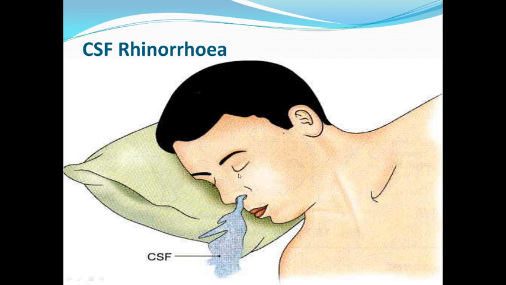If, due to injury or trauma, the cribriform plate is fractured, damaging the olfactory rootlets as well as the meninges of the brain, there will be leakage of cerebrospinal fluid from the nostrils, which is called CSF rhinorrhea. This condition is caused by trauma leading to fracture of the cribriform plate of the ethmoid bone.